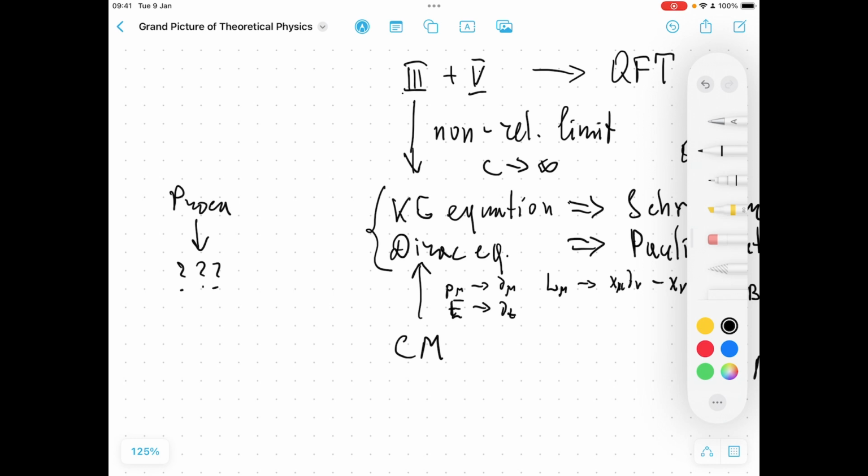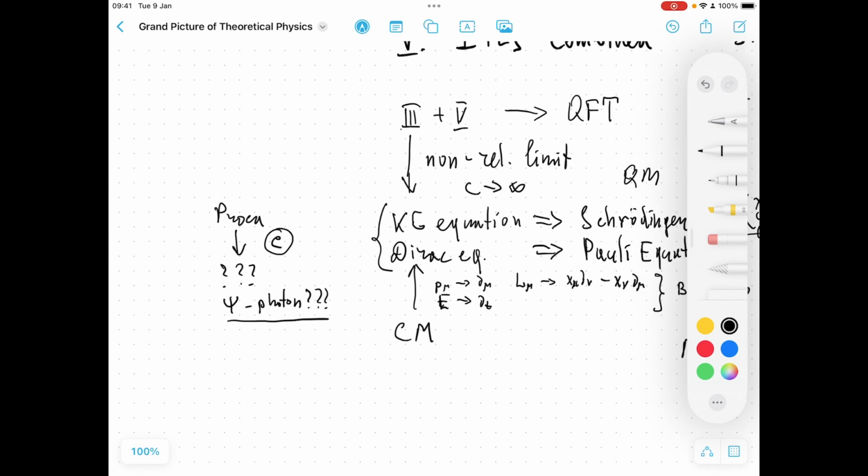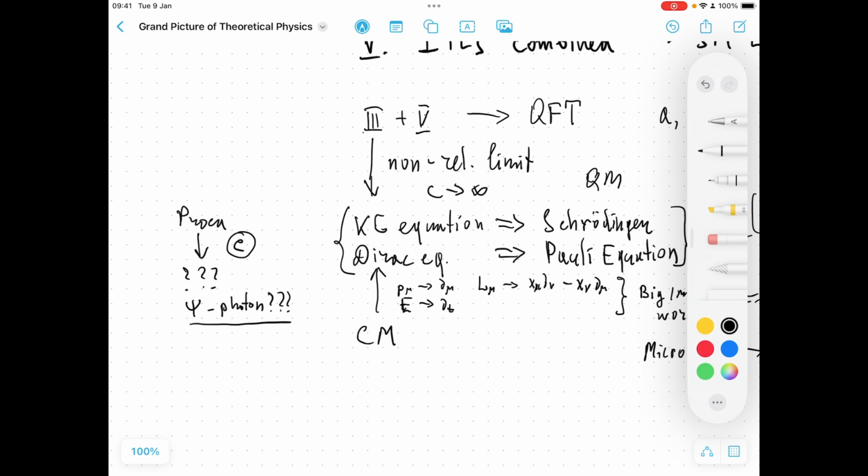So basically it talks about photons, and because photons travel at the speed of light, we cannot just talk about the non-relativistic limit of photons. Maybe that's why there is no wave function for the photon. A lot of physicists say it's not possible to provide a wave function for the photon. But that's a big question. I don't know the answer.